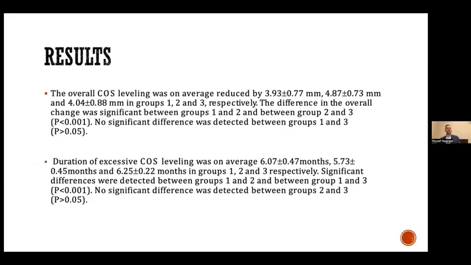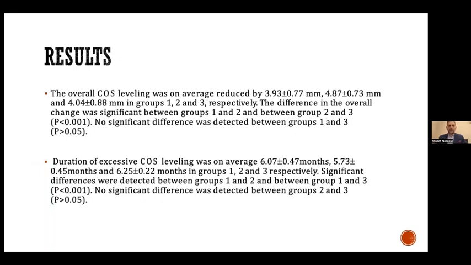For the result, the overall curve of Spee leveling was on average reduced by 3.5 millimeters for group 1, 4.8 millimeters for group 2, and 4 millimeters in group 3. The differences in overall changes were significant between group 1 and 2 and between group 2 and 3.